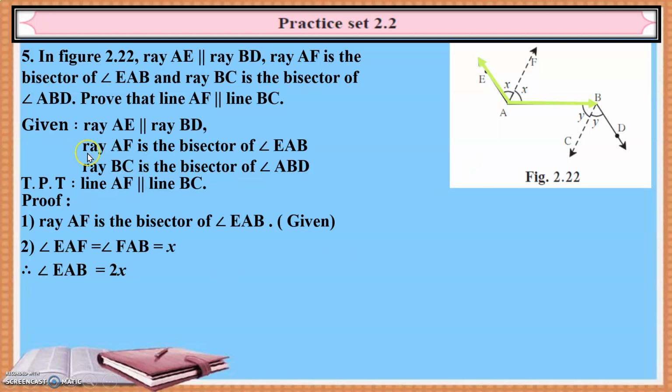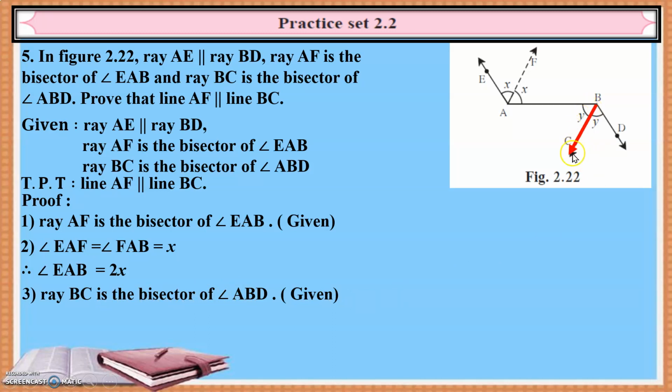Now we started with ray AF as a bisector. Now let's take the next step where we take the next bisector, that is ray BC is the bisector of angle ABD. So let's have a look at the figure. Ray BC is the bisector of angle ABD.